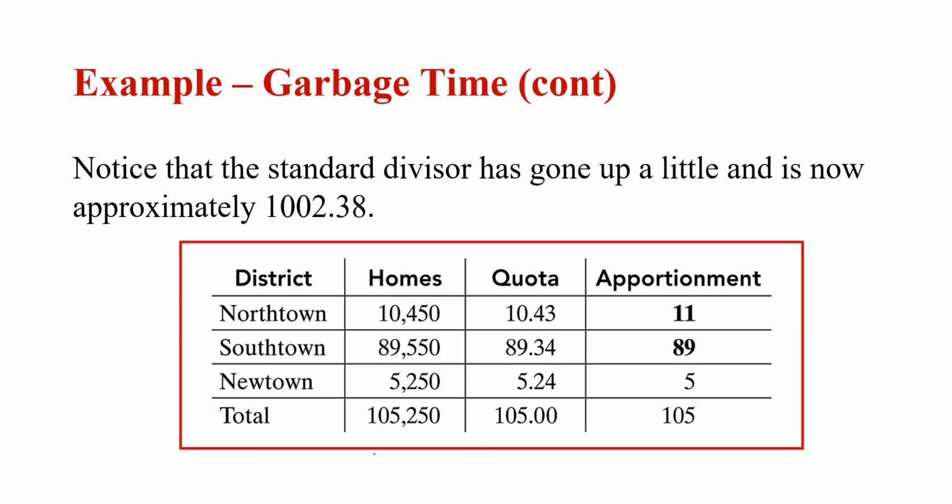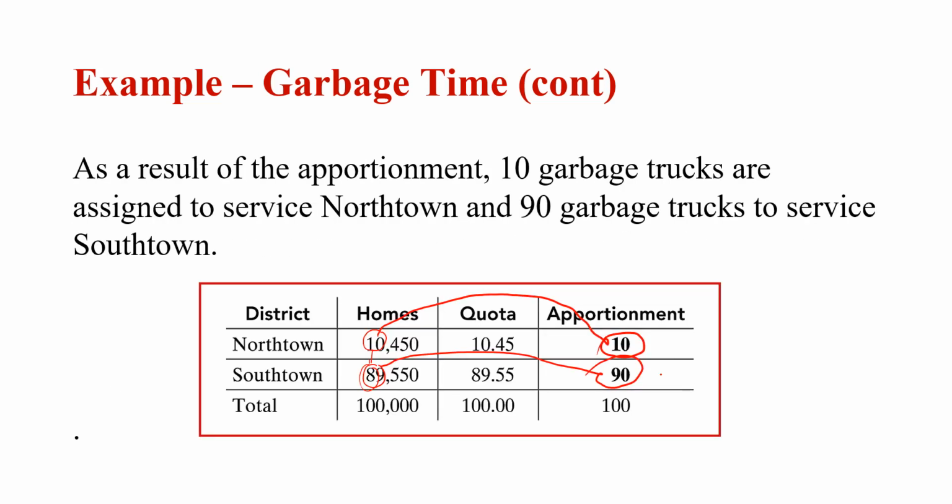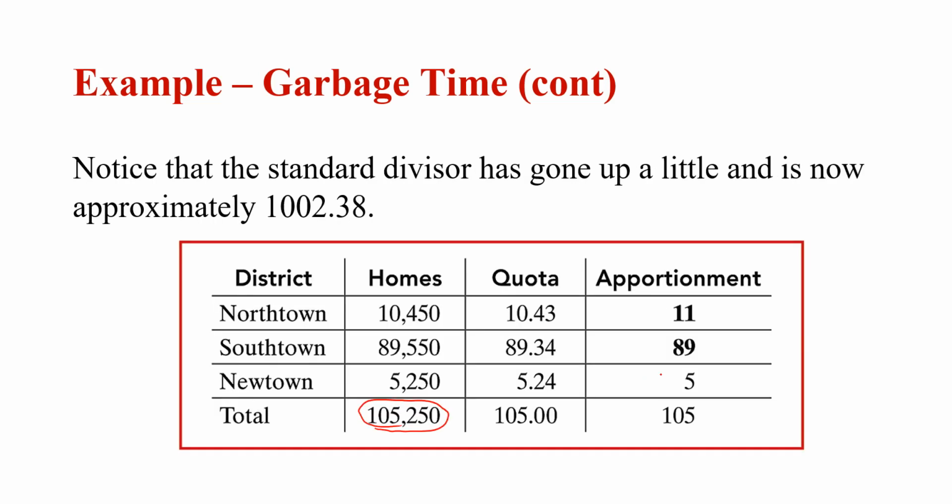And so here's where we're at. We get our answer. We get our divisor. It's this divided by 105 now. And what happened here? Let's go back from here. So Northtown got an extra one. Southtown lost. So a new state comes in, and this got changed.